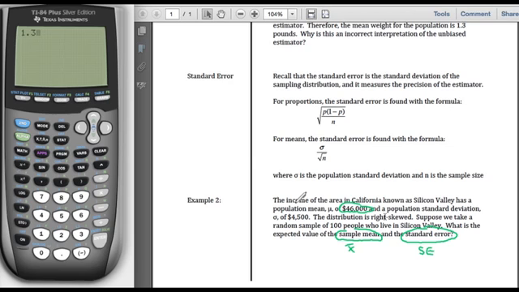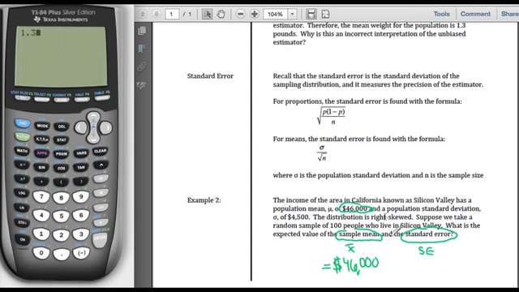Maybe it's $47,000 as the average, but it should be right around $46,000. So I would expect x bar, if I had to pick one number, to be $46,000. If my methods are done correctly, then my sample mean should match the population mean. It should be pretty close.